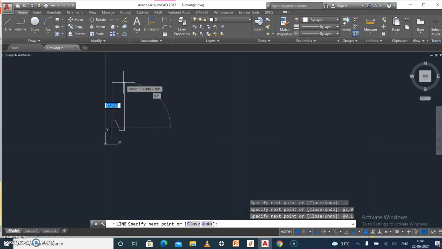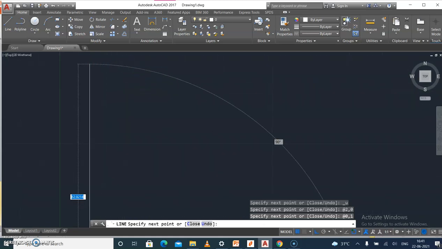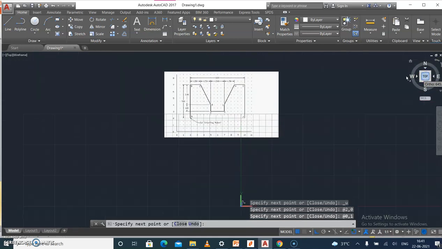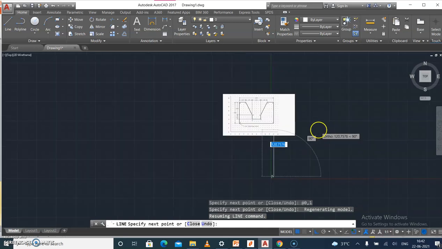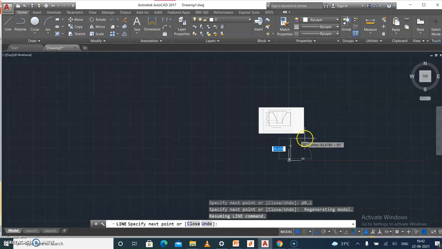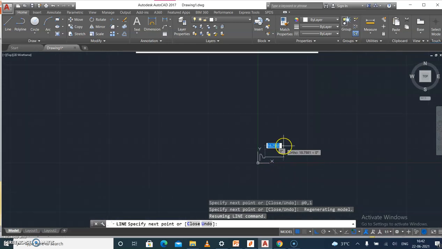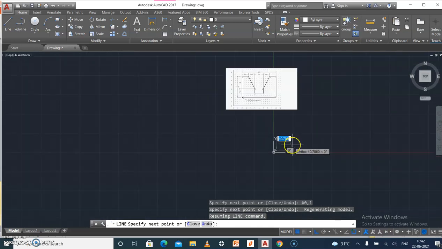Now next is this diagram. Now we get this G point. Now G to H. The H point is x-axis 1.5 and y-axis 1.